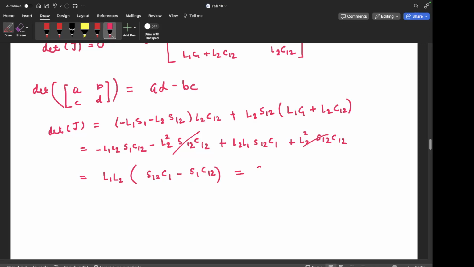So this is sine of, let's say A is theta 1 plus theta 2, B is theta 1, so sine of A minus B is sine of theta 2, and L1 L2.